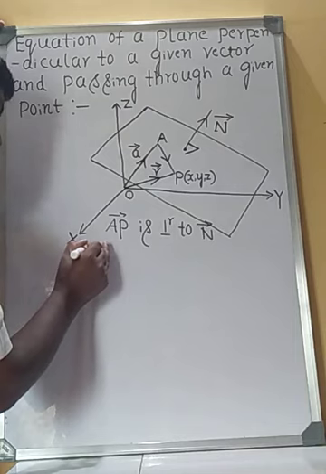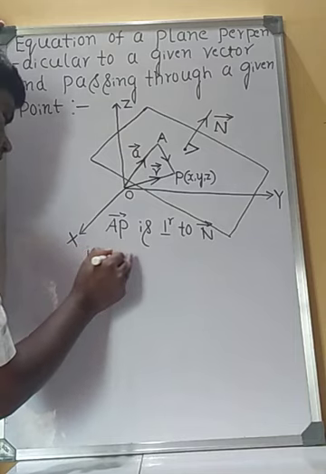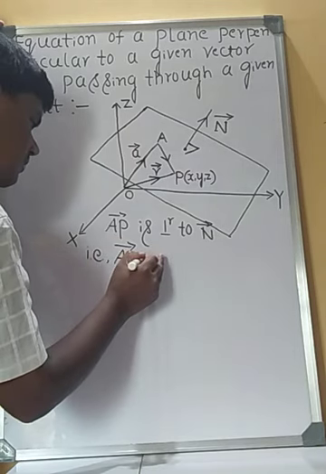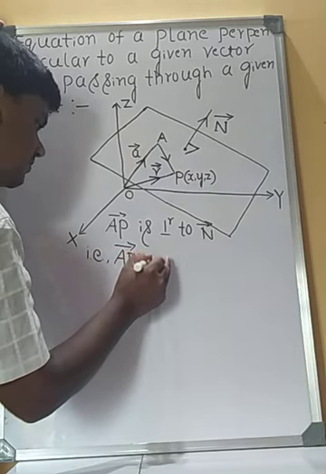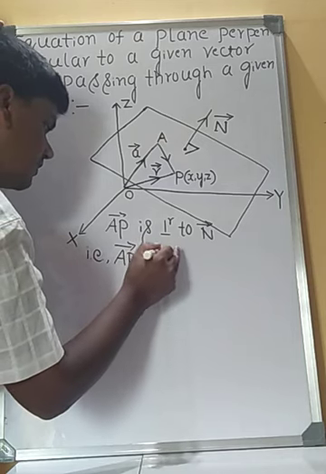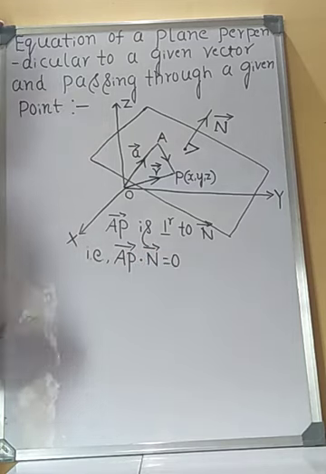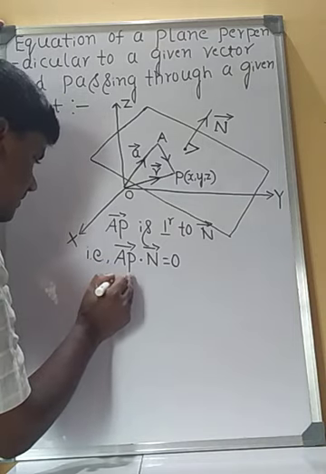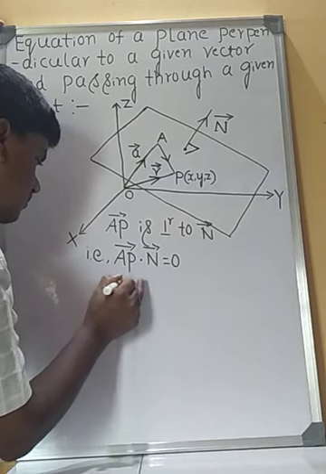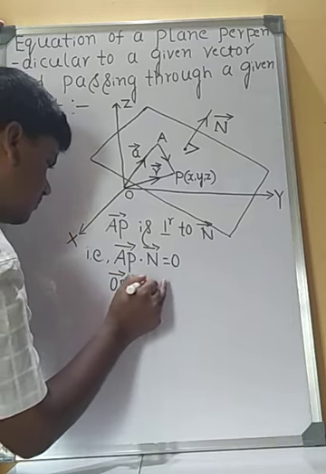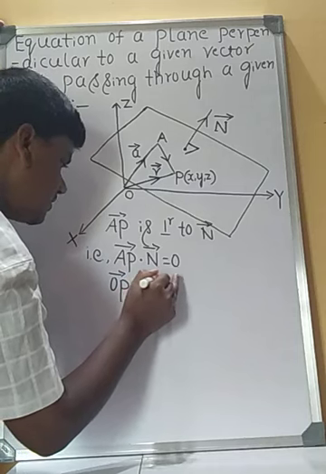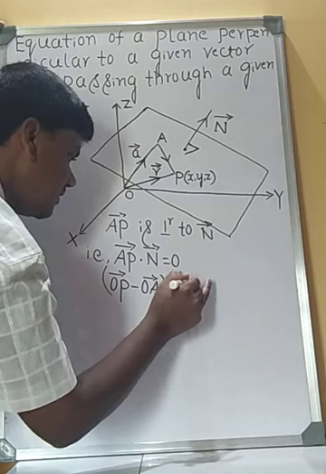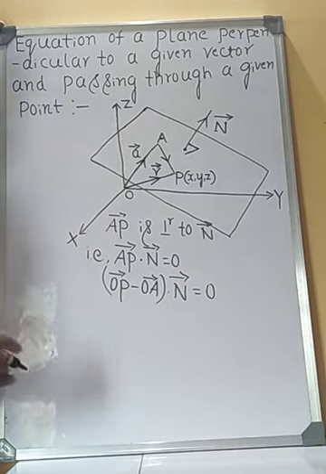That is, AP vector perpendicular to n vector means AP vector dot n vector is equal to 0. Therefore AP vector can be written as OP vector minus OA vector, dot n vector, equal to 0.